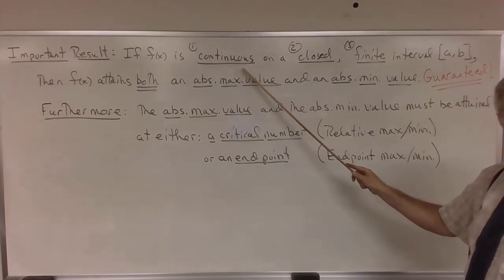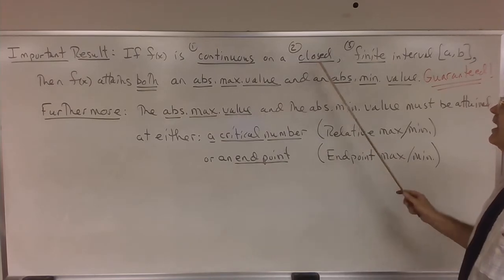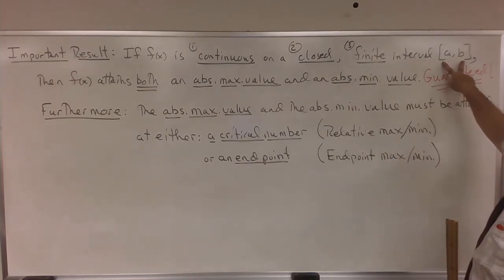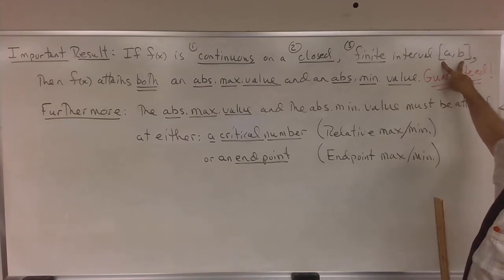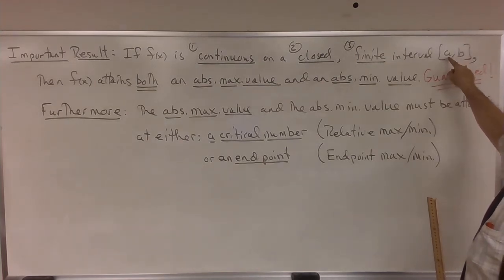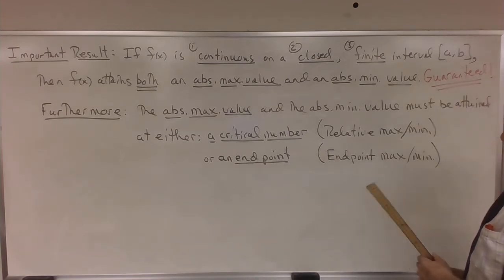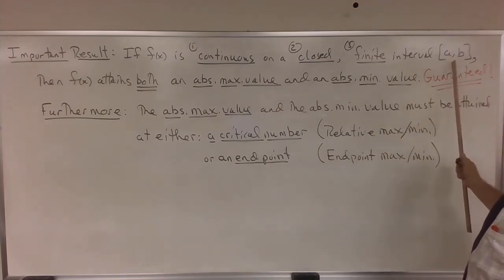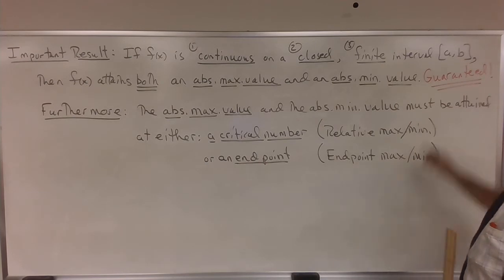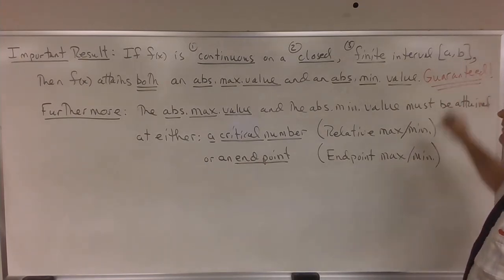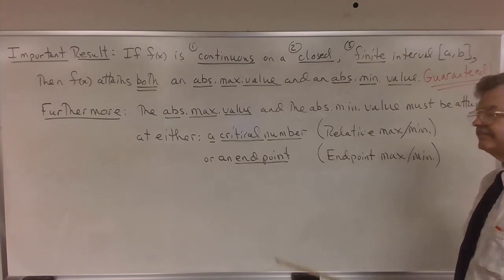F of x has to be continuous, and the interval has to be closed. In other words, we use the square brackets here and not the round ones. So a and b are actually included in this interval. And the interval has to be of finite length. In other words, this can't be negative infinity and that can't be positive infinity.